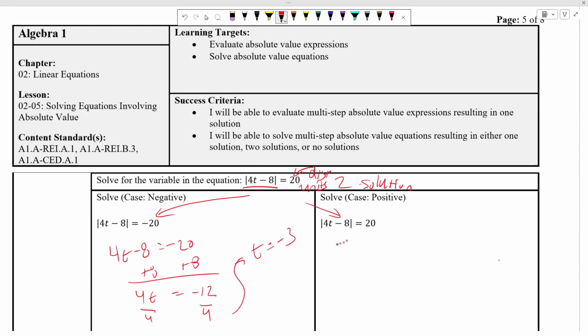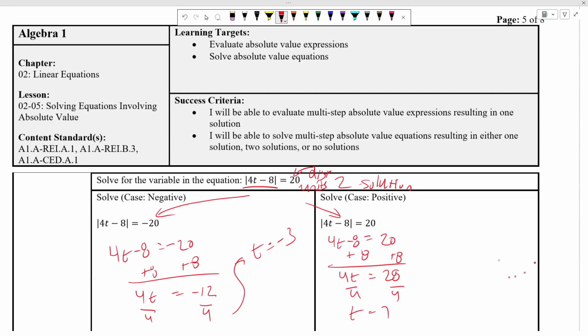Okay, nice. So let's see here, the bars, this is in simplest form. There's nothing further I can do. So the bars are going to drop off. 4t - 8 equals 20. Plus 8, plus 8. 4t equals 28, and divide by 4. t equals 7.